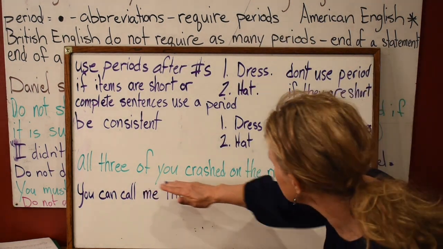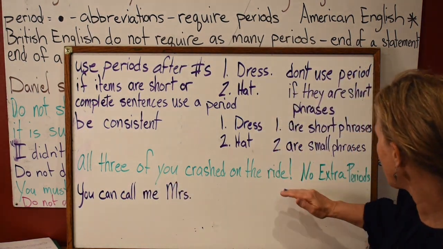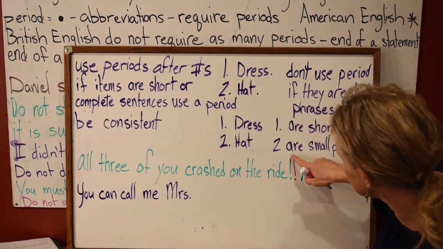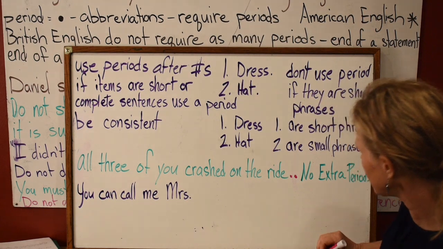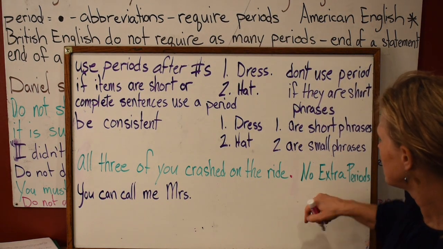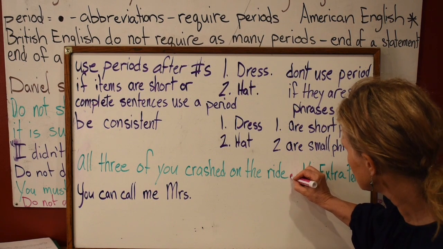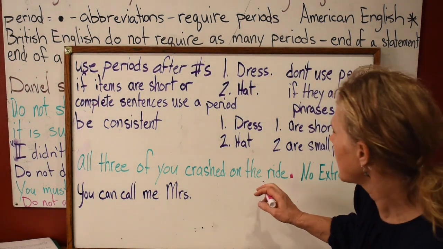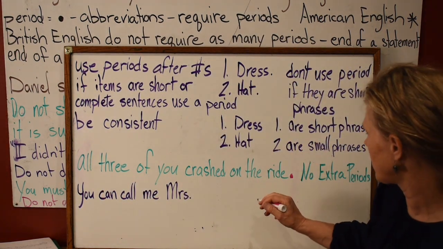Okay, so let's look at this sentence right here. All 3 of you crashed on the ride. Okay, remember, we don't use extra periods. We can do an exclamation point or we don't put extra periods here. All right? This is a period. Don't do it. So, yeah, all 3 of the boys crashed on the whole enchilada, which was such a bummer.